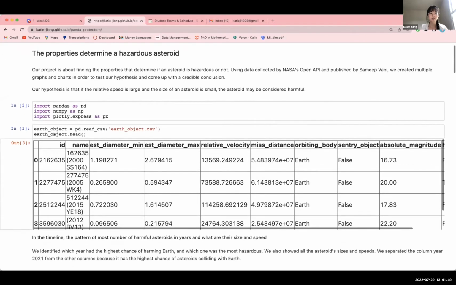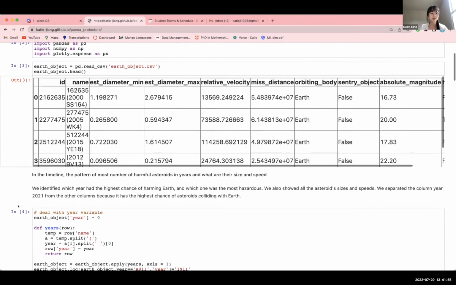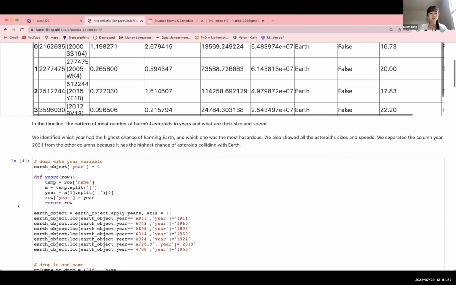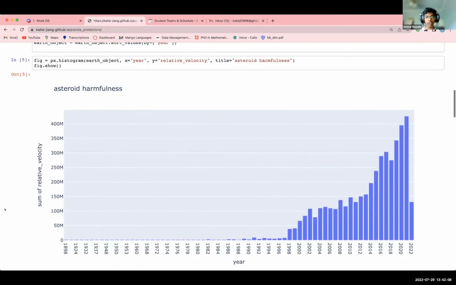So we loaded our data in here. And for the first perspective, I will hand it to Omkar. You can start. Yeah, so in the first graph, we used a histogram to show the asteroid harmfulness over the years.